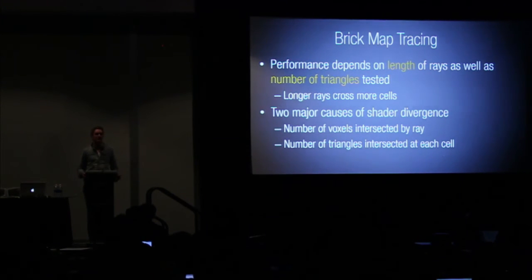So when you introduce branches or loops, unless every thread inside that warp takes the same path, then you're going to have threads going idle while other threads are working. This is divergence.